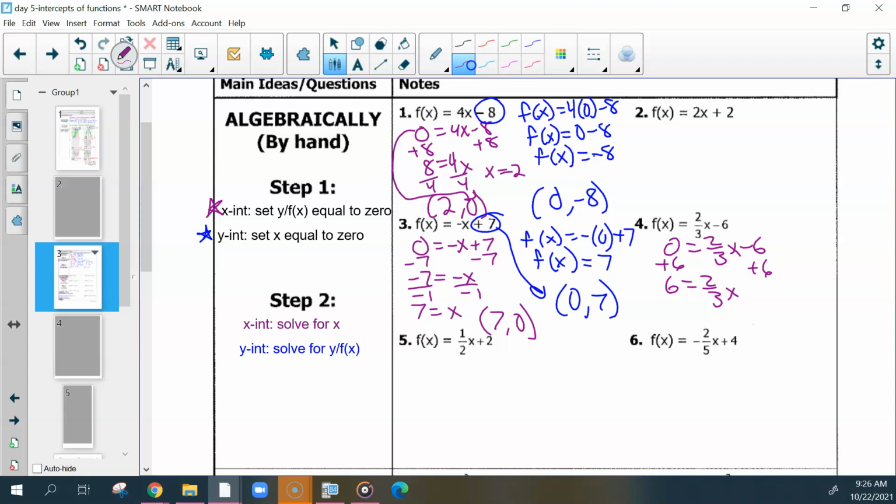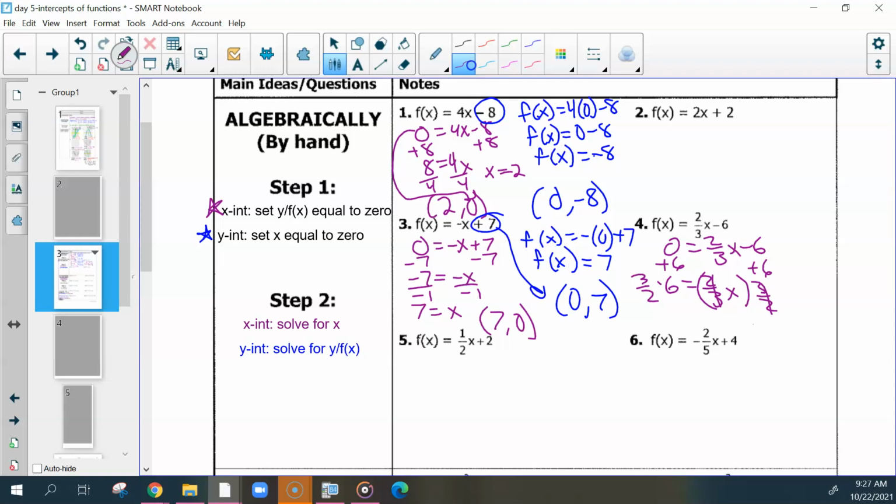And how would I get rid of 2/3? Multiply this by its reciprocal, 3 over 2. Do that same thing on the other side. The 2/3 and the 3/2 cancel.